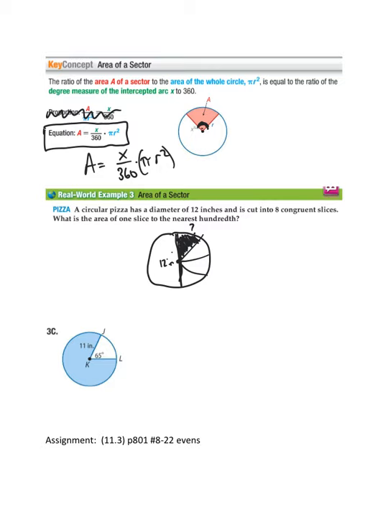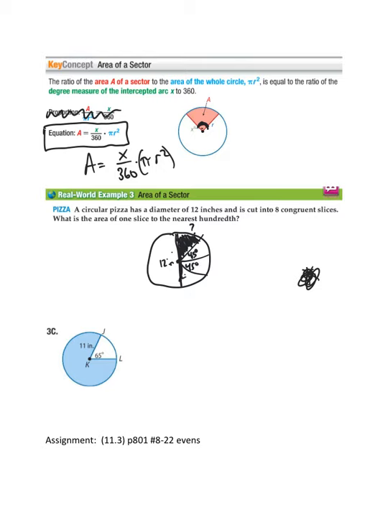Well, guys, we know a circle has 360 degrees. So if we're thinking about these 8 angles, they're all going to be the same. The way we can find the measure of one of them is 360 degrees divided by how many angles there are, 8. So each angle in there, looking back at the pizza, is 45 degrees.